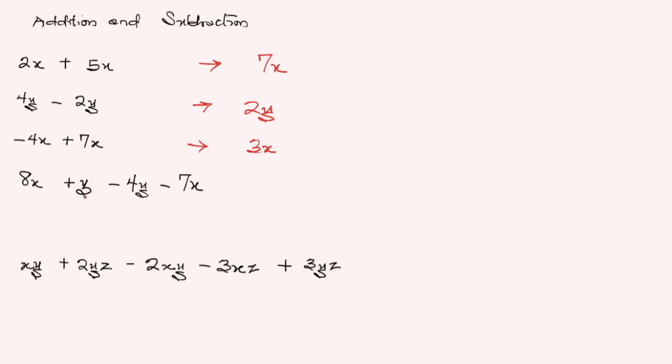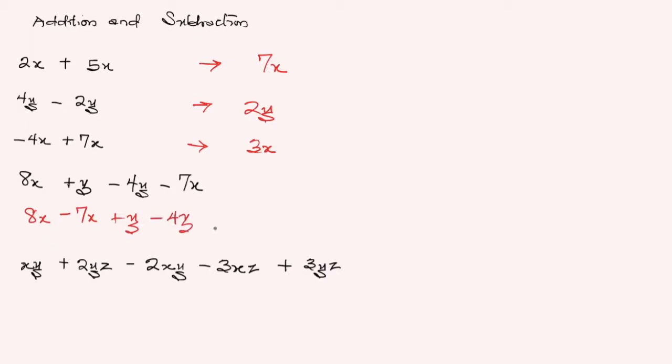What we can do is regroup these expressions so that we regroup like terms together, and then we can do our addition. So if we do that here, we would have 8x minus 7x, which are like terms, plus y minus 4y.